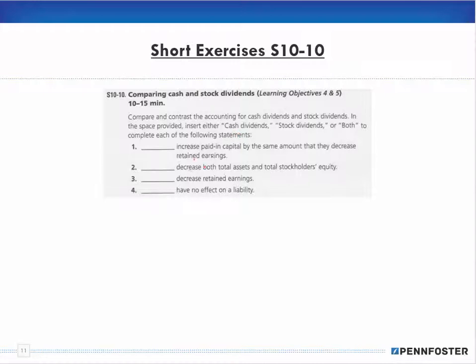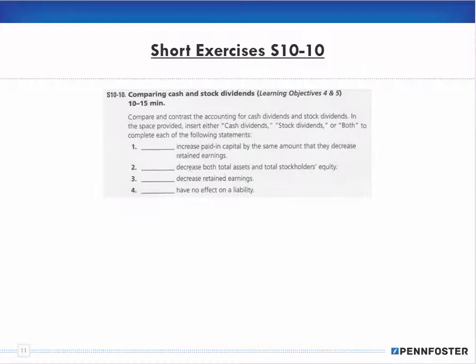Okay, so number 1, it says increase paid in capital by the same amount that they decreased retained earnings. So we're increasing the paid in capital by the same amount that they decrease retained earnings.